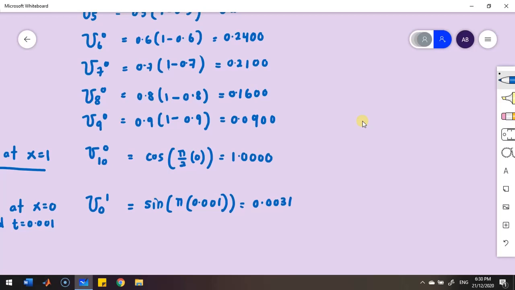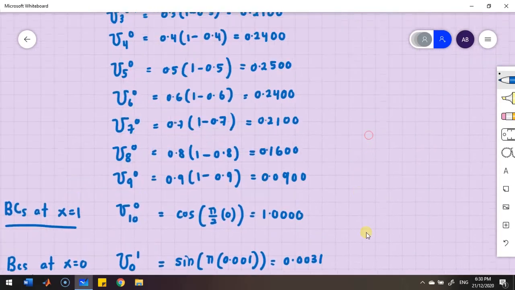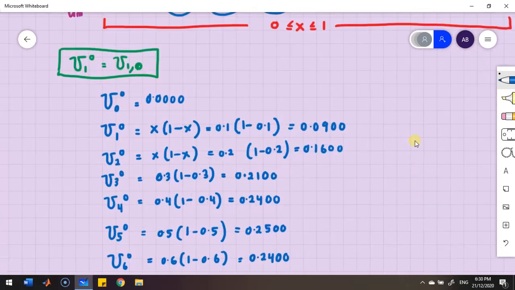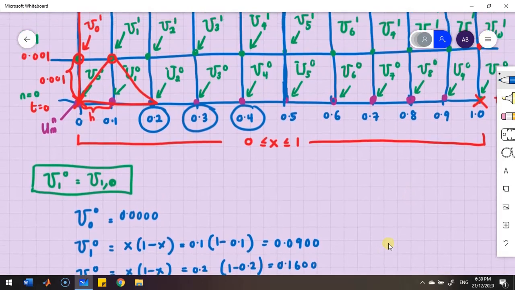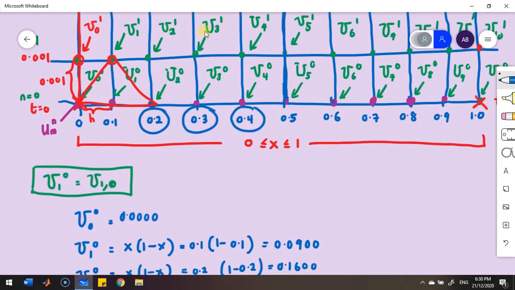Okay, that's settled. Now the rest will be all the other values that we want to obtain, such as u11, u21, u31, u41, and so on. Let's look at u11 first. I need to use this point and this point, which I've already obtained.